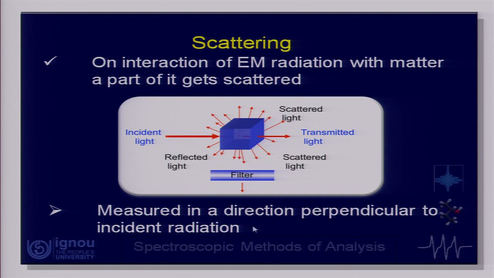And this is a very important phenomenon, because this scattered radiation consists of a variety of frequencies. That means I have a system, I give radiation of a certain frequency, that interacts and gets scattered. In the scattered radiation, we find there are two components.